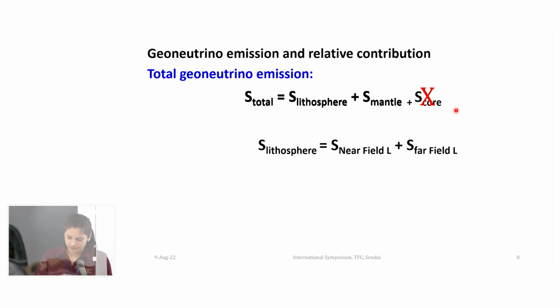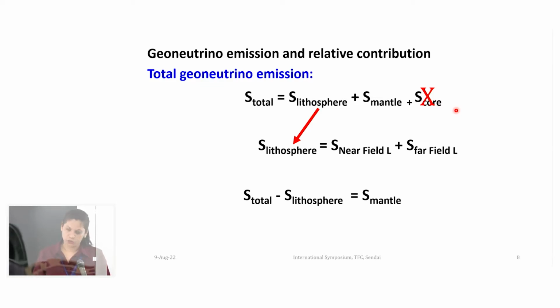Because the core does not have any uranium or thorium, it is just lithosphere and mantle. The lithosphere has two components, near field lithosphere and far field lithosphere. And in this equation, to narrow down to our information about the mantle, we really have to just subtract the lithosphere part from the total emission.